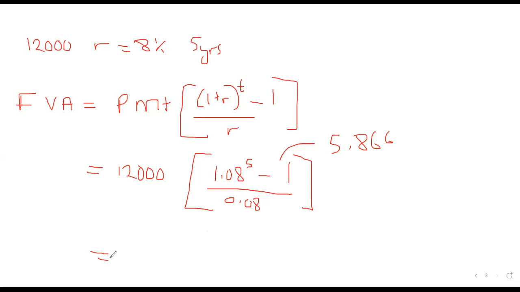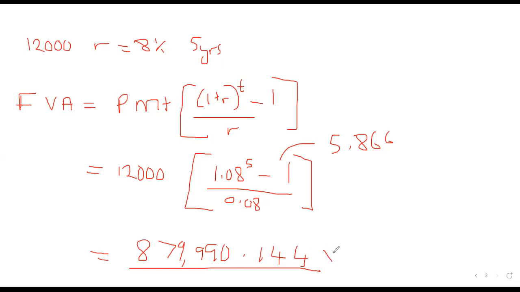What we're going to get is 70,399.14. So this is how much you're going to have at the end of 5 years.